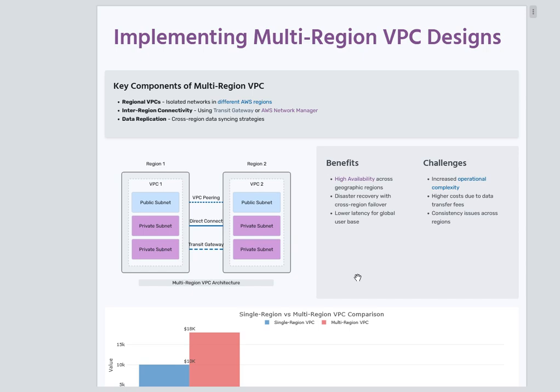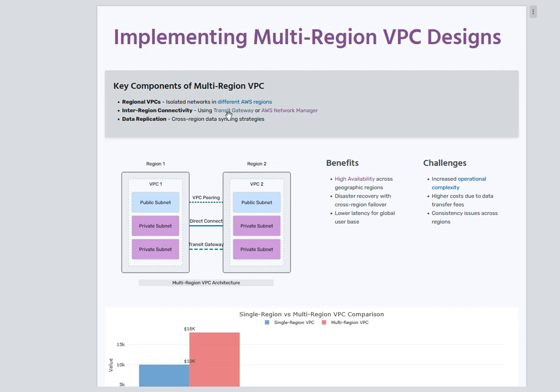So let's have a quick look at the key components of multi-region VPC. Regional VPCs are isolated VPC networks in different AWS regions. So region one has one VPC, and region two has another VPC. In the diagram you can see VPC1 and VPC2, right?